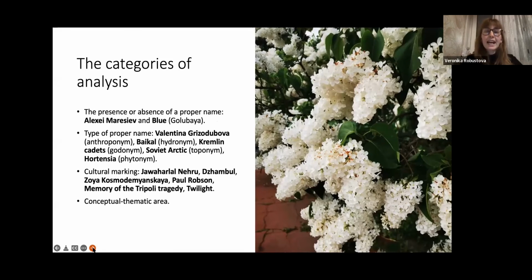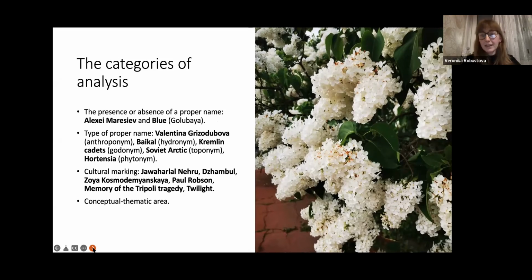And if we think about varieties of lilac, I have worked out the categories of analysis, and they are presented here. So the presence or absence of a proper name in the name of lilac: out of 109 names of lilac, we have 80 names based on proper names.